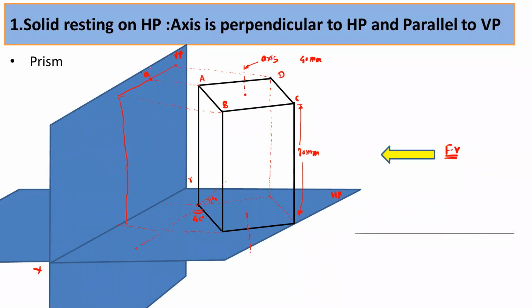So this is the front view for the point A. So this is A dash, and similarly it is the front view for the point C. So this will be A dash and C dash. This point will be B dash, and this is D dash. So you can take this same point for the bottom base. So this is again B dash. So this is the front view of the prism.